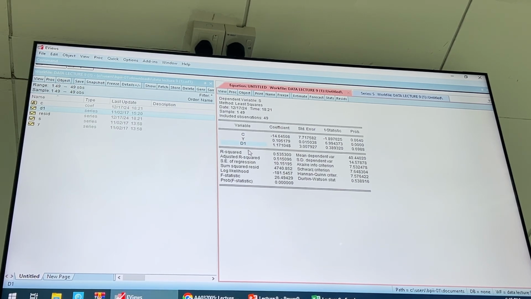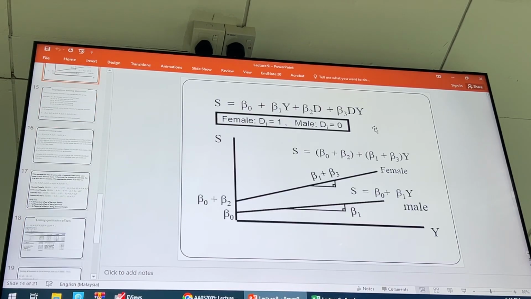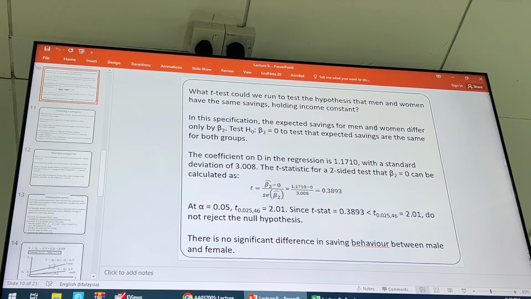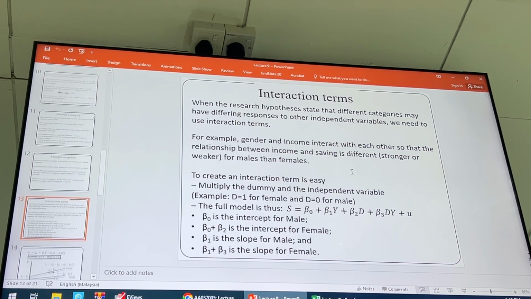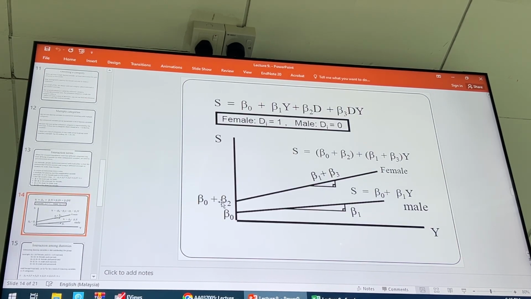Now, in the first example we only allow the intercept to be different, and the slope to be the same, beta 1. This one beta 1, this one beta 1. But in the second example, we allow both intercept and slope to be different.